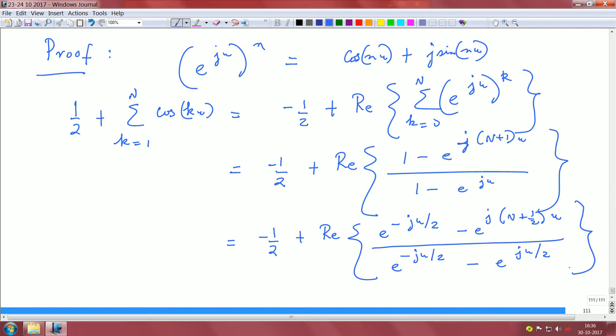If I just multiply and divide by e power minus j u upon 2 for both numerator and denominator, I get it in this form. Okay. So what do I get here? I get a minus half plus a real part.